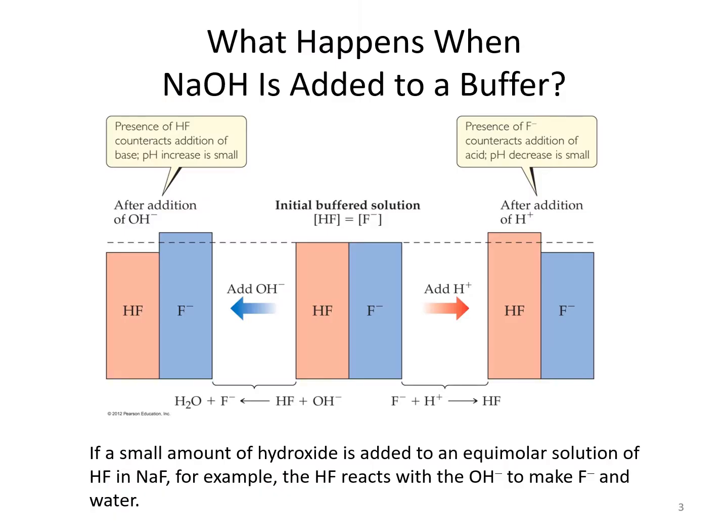If you have a buffer system with hydrofluoric acid and sodium fluoride, then you add a little bit of hydroxide to that solution. The hydroxide will react with the undissociated acid to produce water and fluoride ions, so the pH remains constant.